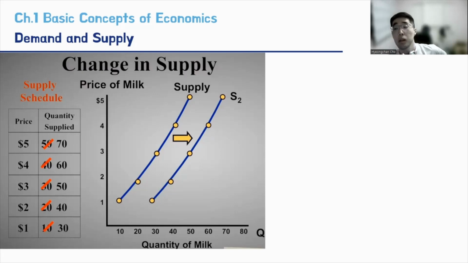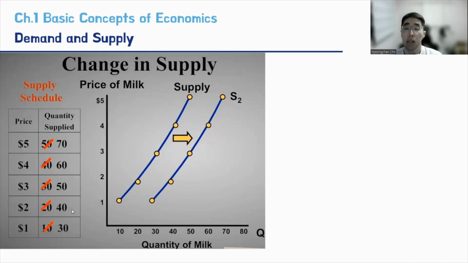Then the suppliers can make more milk than before in each process. Before the invention, the suppliers made 50 milks at price 5, but after the invention, they can make 70 milk at price 5. Actually, the same thing happens at each price.